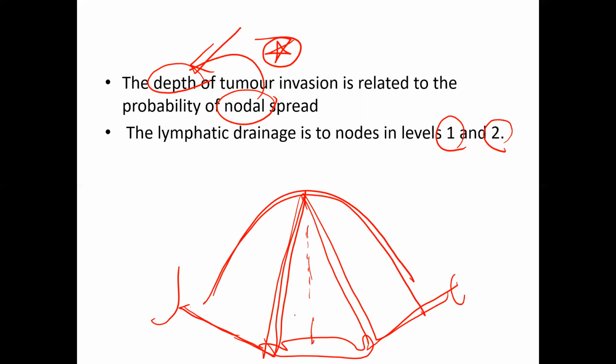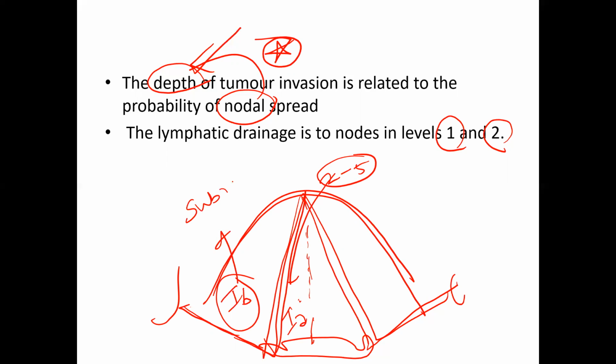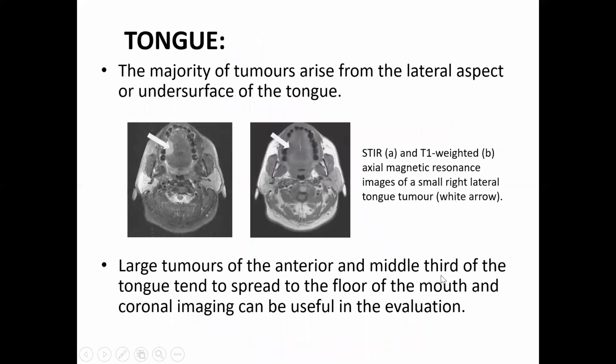So this becomes level 1A of this side and 1B of this side. This is submental; 2 to 5 nodes will be there in the submental region. And 1B is the submandibular region. So this is the submental region. You should keep it in mind.